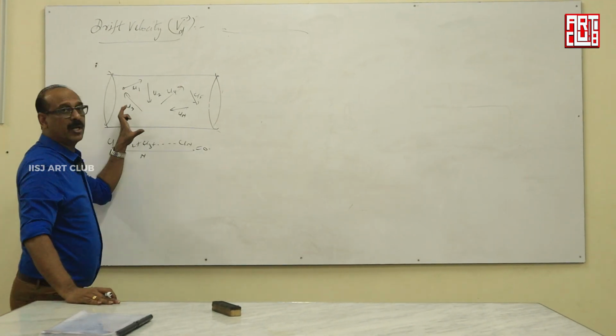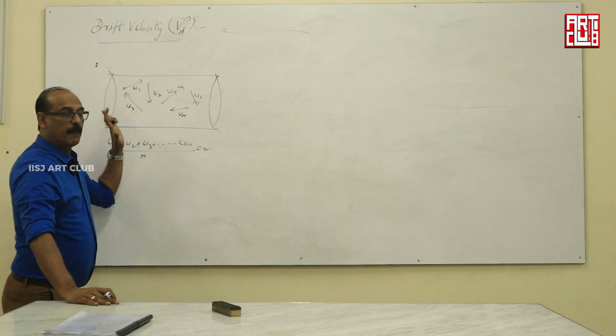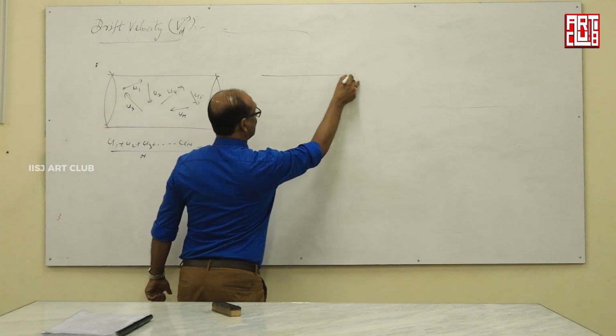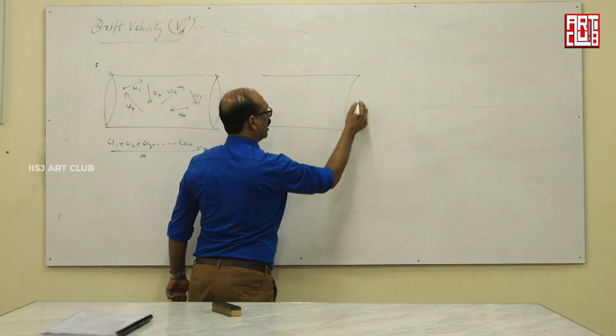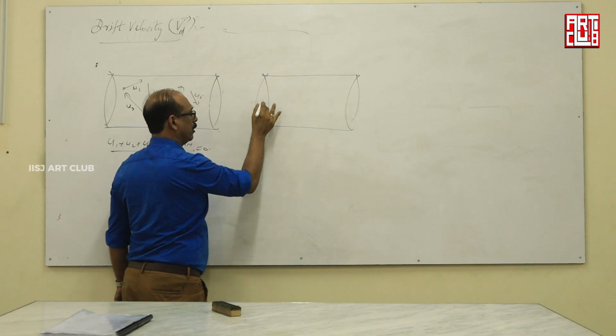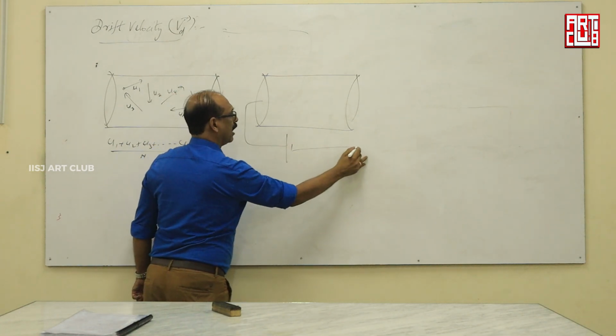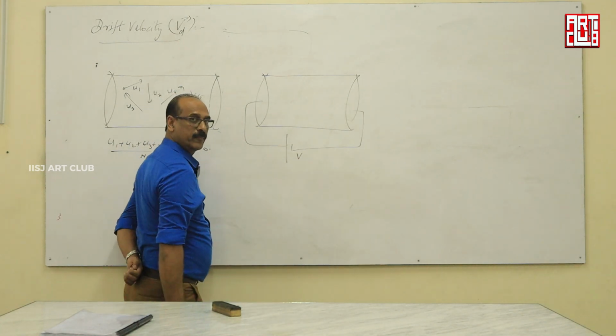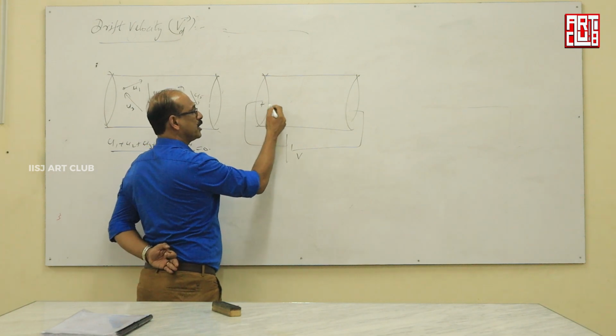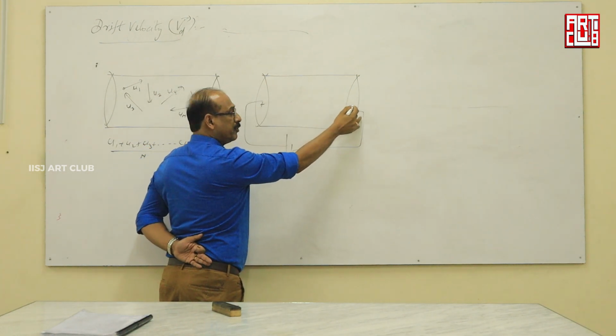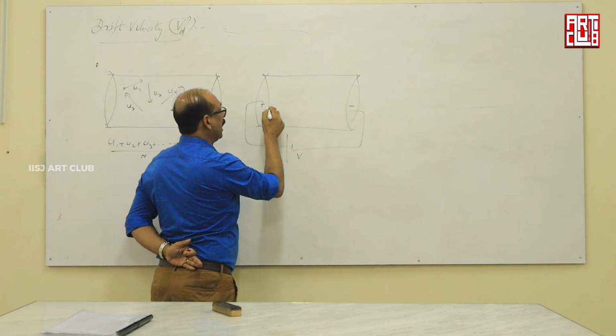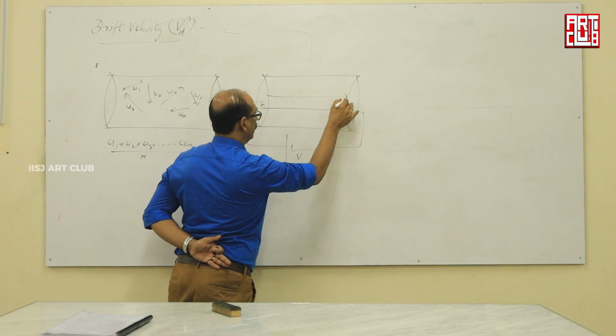But this is before applying the electric field. After applying the electric field, let us see what happens. Look here, we are connecting a cell of potential difference V. So this end will be positive, this end will be negative. We know when positive and negative come, an electric field develops there, right?